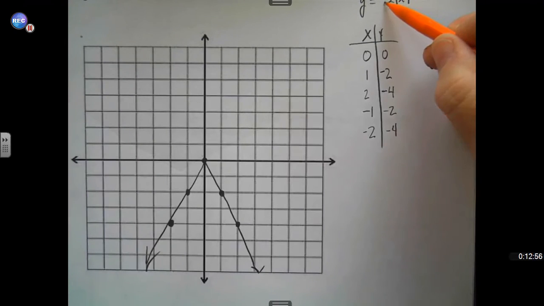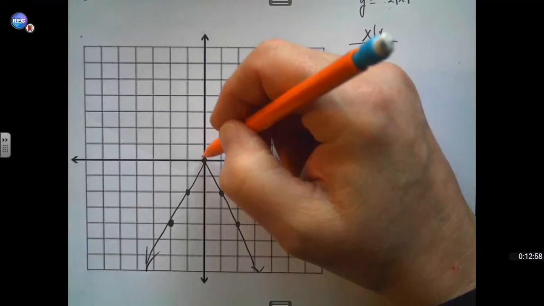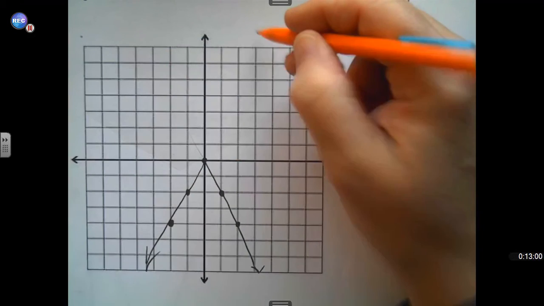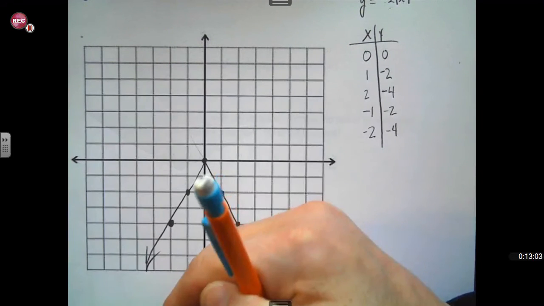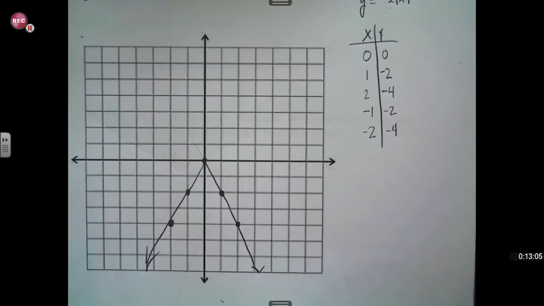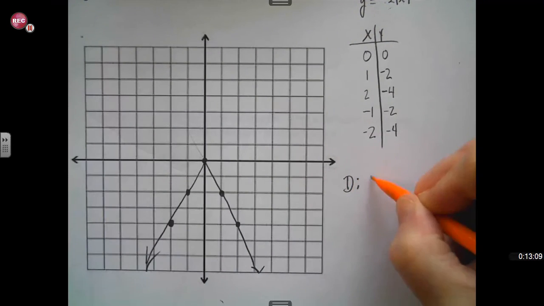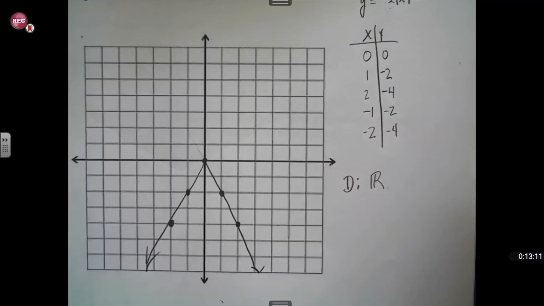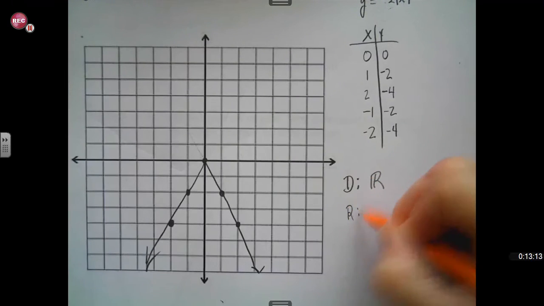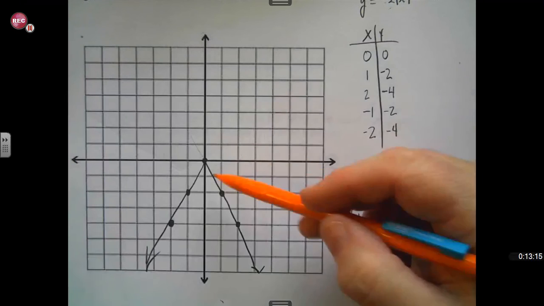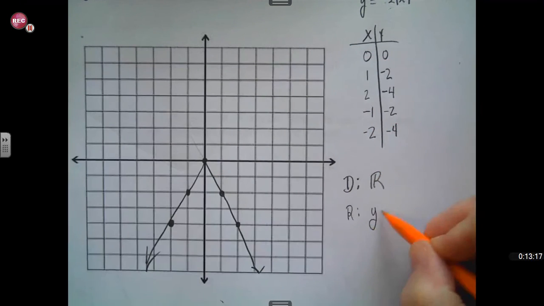The negative takes the parent function, which would have been up here, and puts it down here. And so it flips it over. What that does to the domain is still all real numbers. The range is different now. The range isn't greater than or equal to 0. The range is less than or equal to 0.